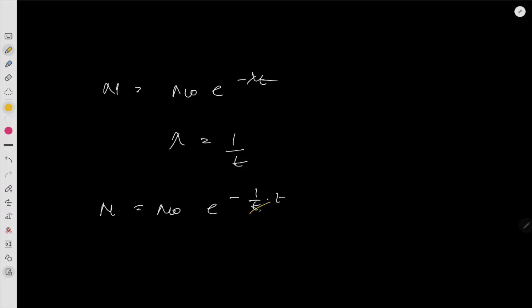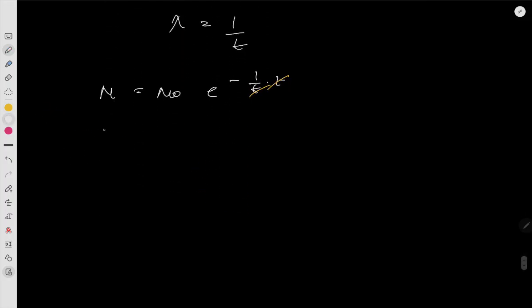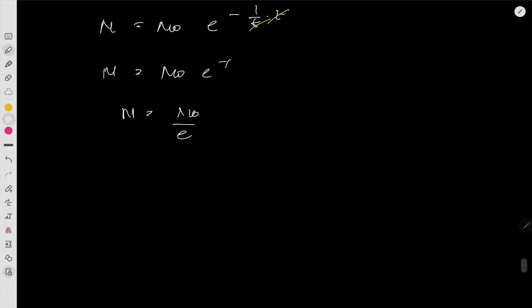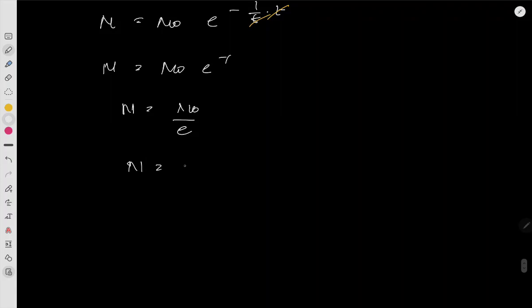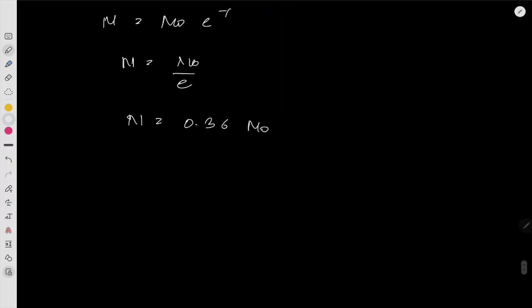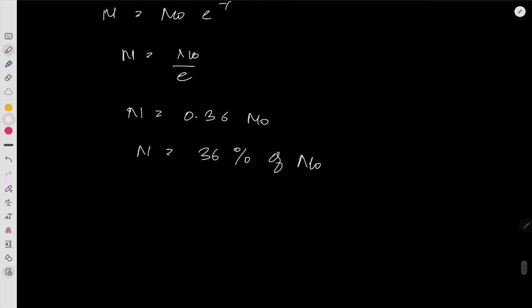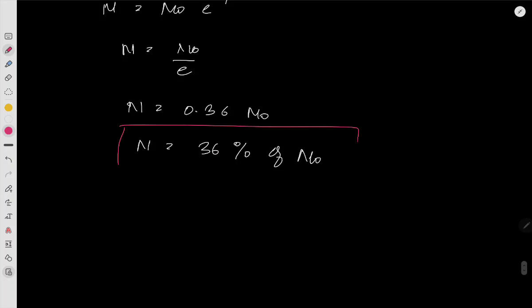So t gets cancelled, and we get N equals N naught e to the power minus 1. So N equals N naught by e, which is N equals 0.36 times N naught. So N is 36% of N naught. So we can define it like this.